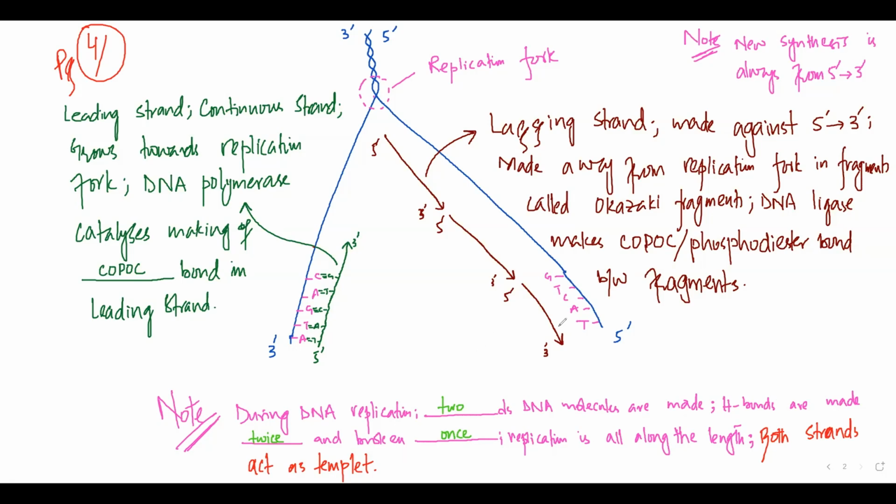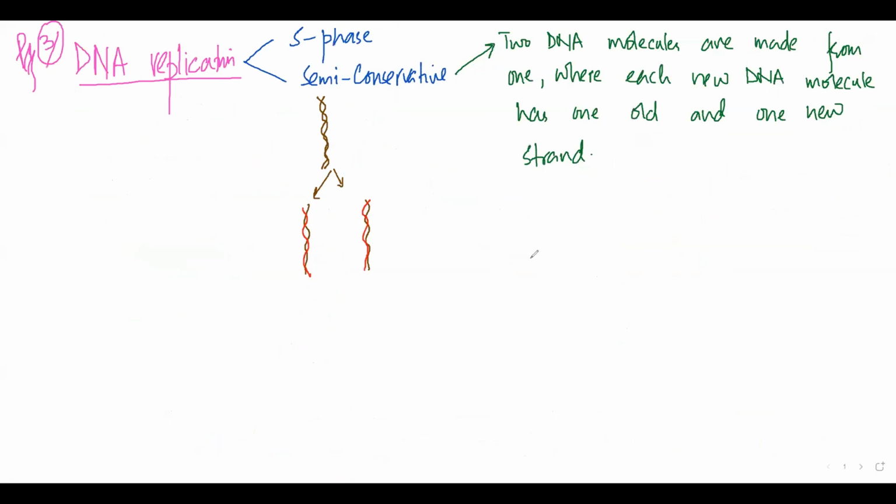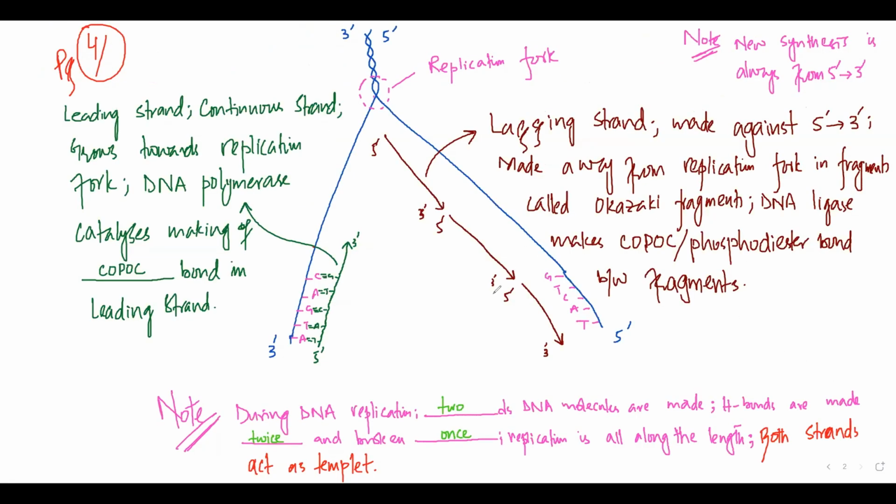I repeat, DNA ligase makes phosphodiester bonds between the Okazaki fragments, and DNA polymerase makes the phosphodiester bond between the growing chain and the incoming nucleotide. Hydrogen bonds are made by themselves. In DNA replication, you have 2 double-stranded DNA from 1 double-stranded DNA. So initially DNA unwinds, then hydrogen bonds break, then hydrogen bonds are made against both strands.